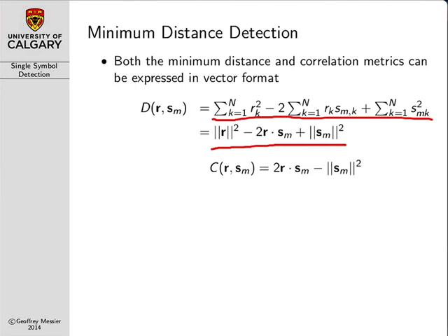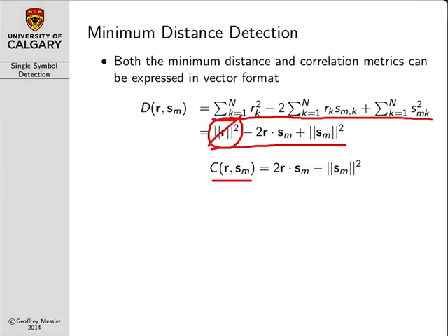Now, this term, the squared norm of r, is common for all of our distance expressions, so we don't have to calculate it. We can get rid of it. And if we then take the negative of what we've got left, we get something that people refer to as the correlation metric.